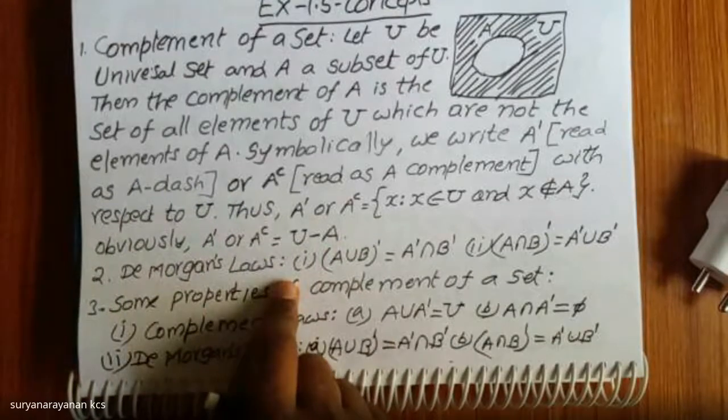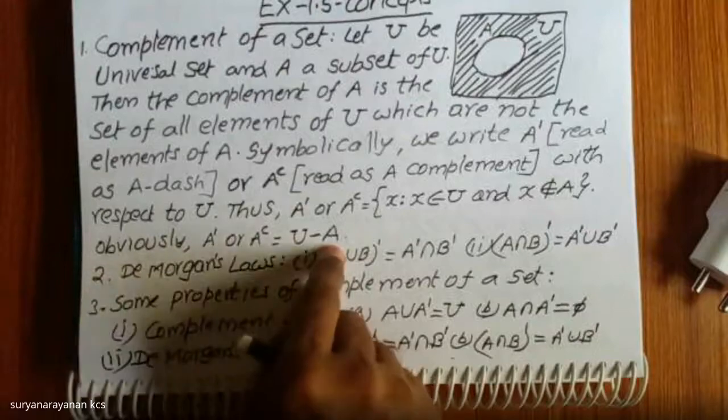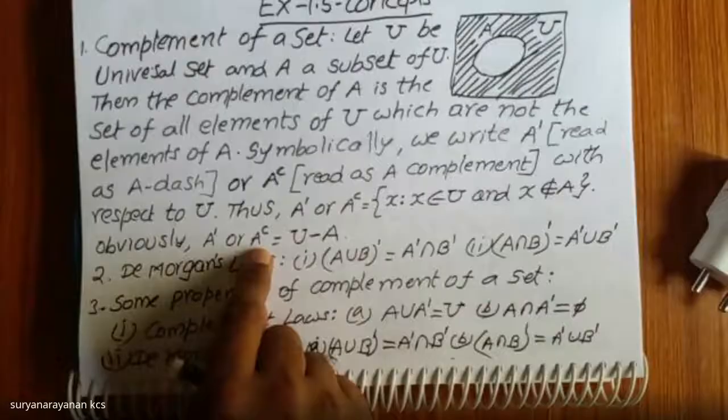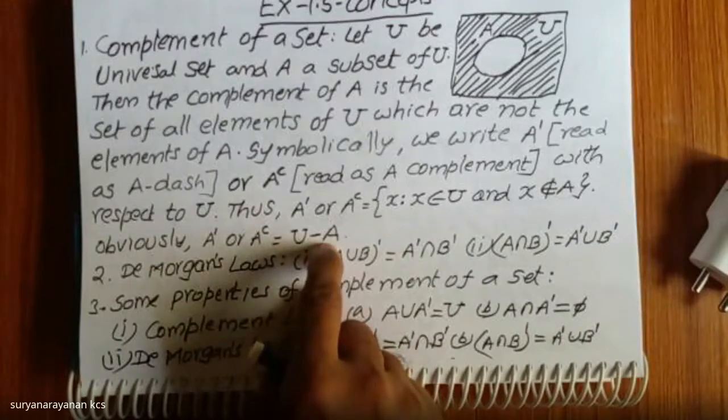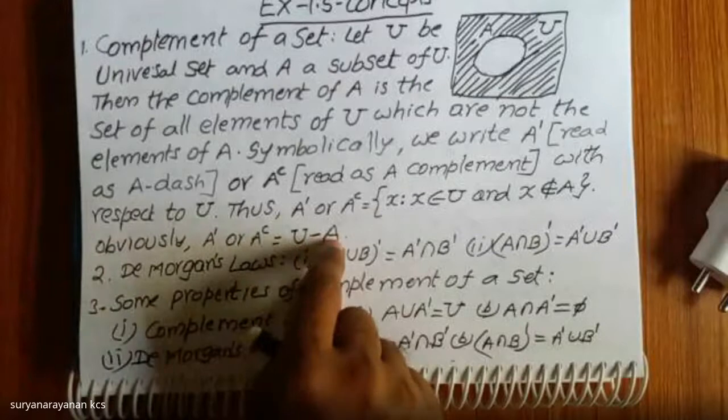Next, my dear Samuel, read this formula. A dash or A complement equal to universal minus A. Universal set minus A, not universal minus A. Universal set minus A. Okay.